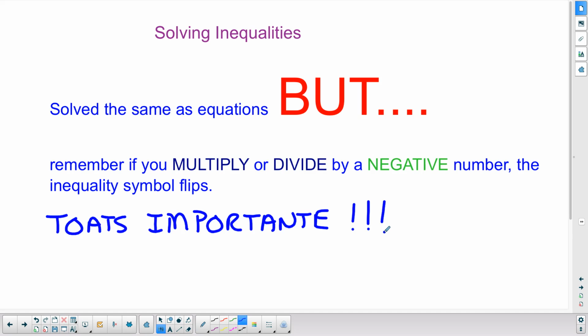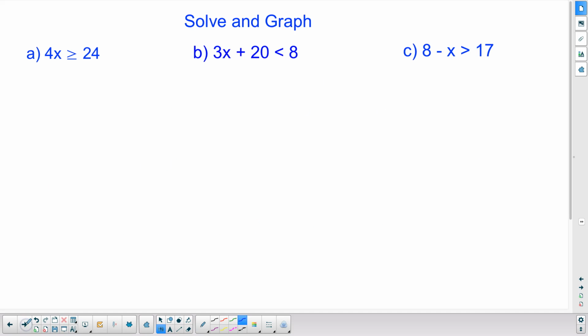Let's try something. Let's do this. Yeah, buddy. All right? So, first one. Okay, if I were solving this one, I would first get my letters, my variables on one side, my numbers on the other side.